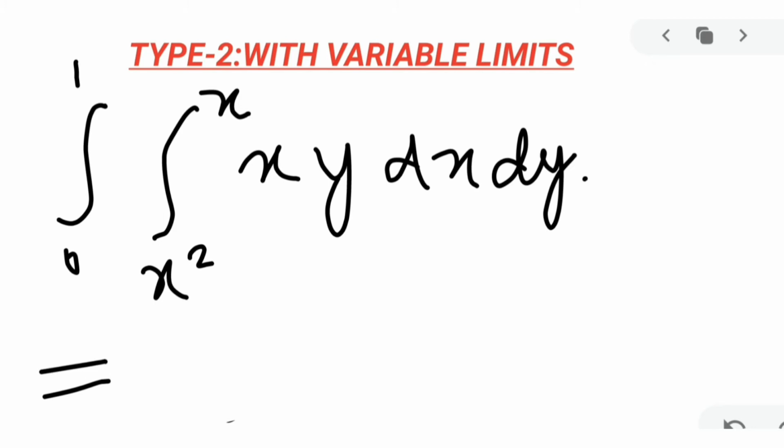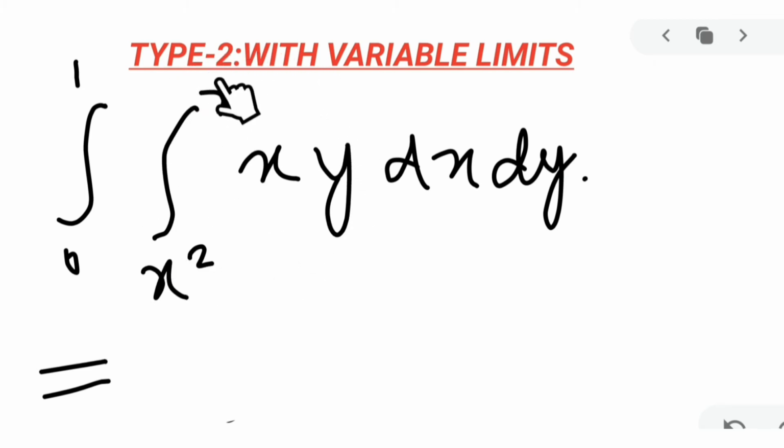So here the order of integration matters. The variable limit here, we need to integrate with respect to this. So note this down: if the variable limit is in terms of x, then we need to integrate with respect to dy and vice versa. That is, if we have the limits in terms of y, we need to integrate with respect to dx. Why?